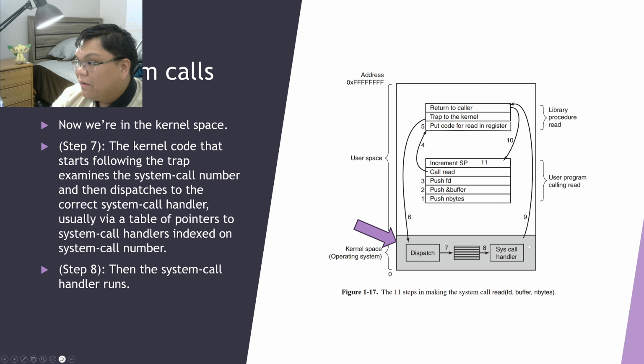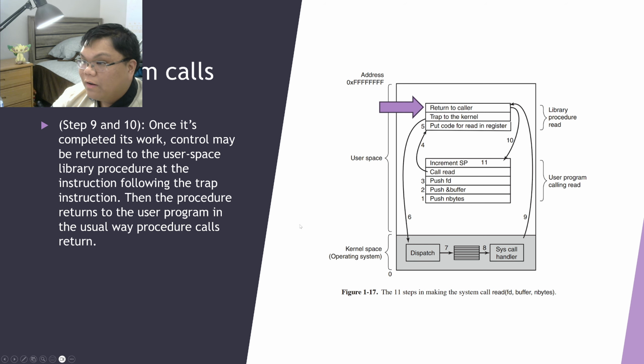Once we're done, we're going to return here. Once it's done its work, control may be returned to the user space library procedure at the instruction following the trap instruction. And then we're simply going to return as we normally would.